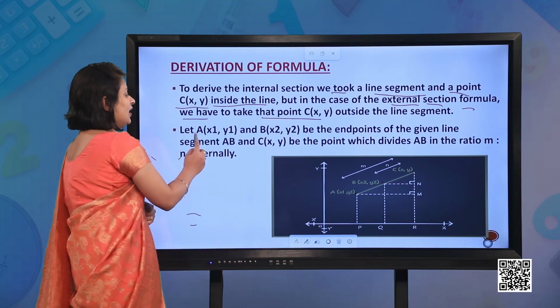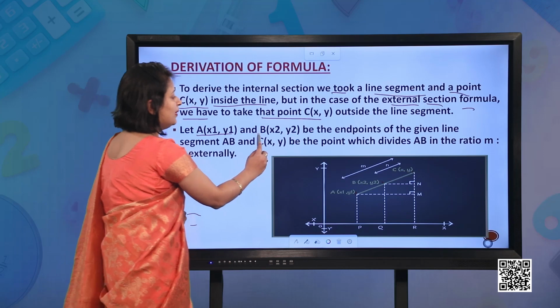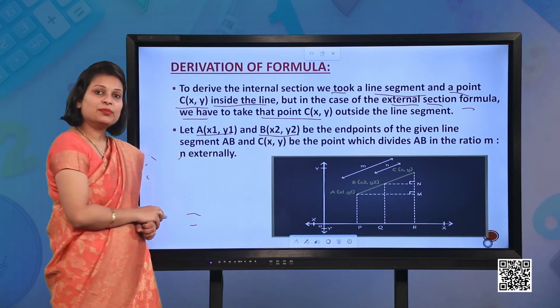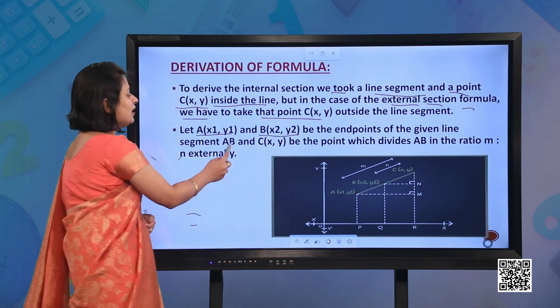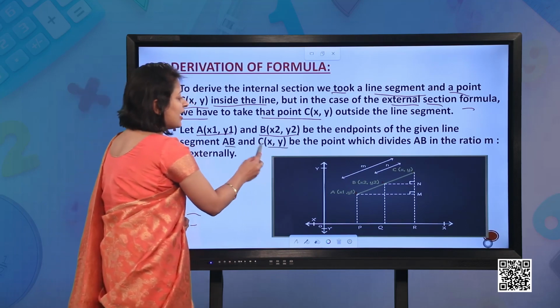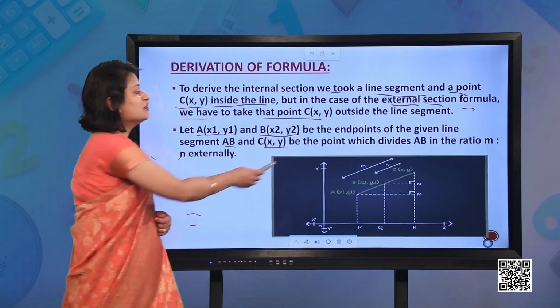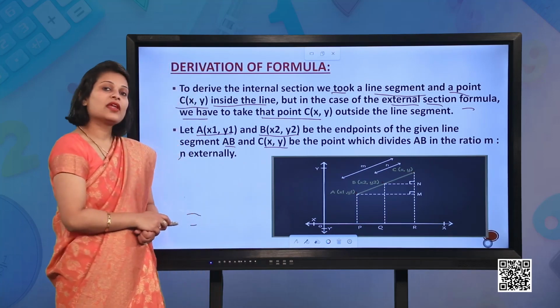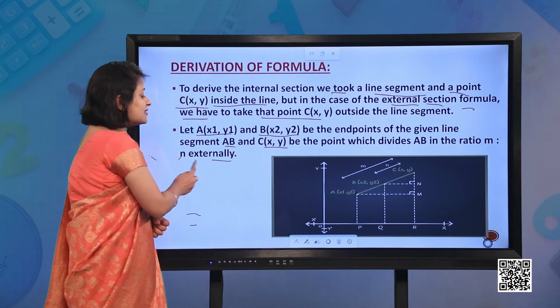So let A (x1, y1) and B (x2, y2) be the endpoints of the given line segment AB, and C (x, y) be the point which divides AB in the ratio m:n externally.